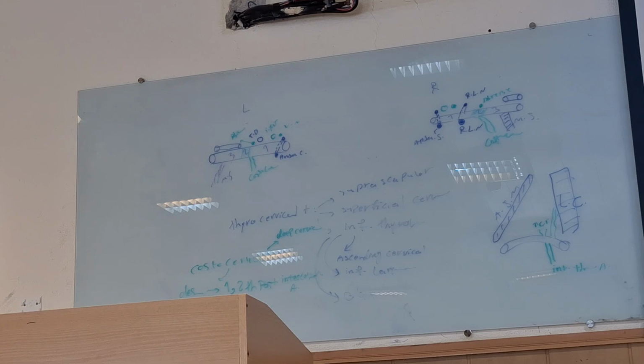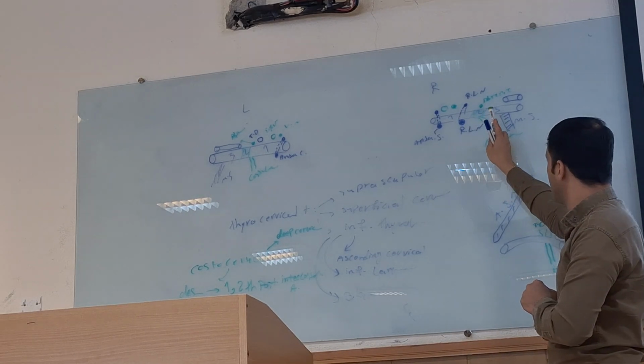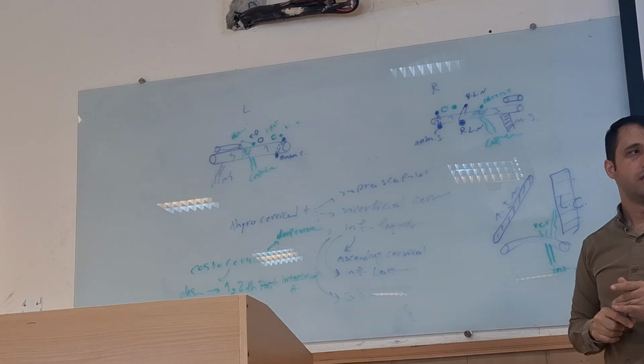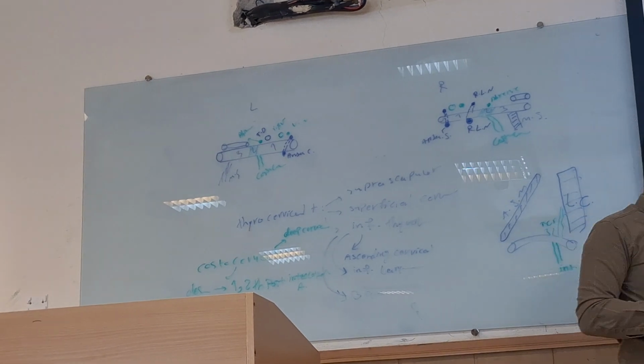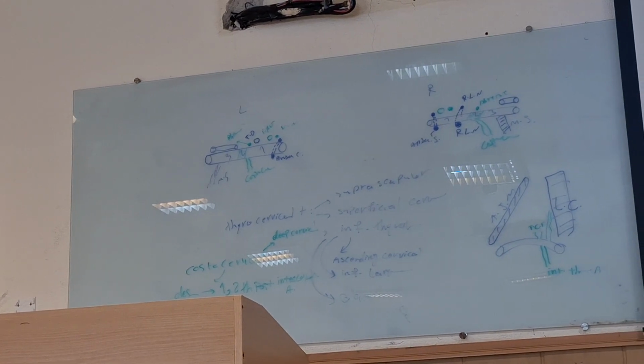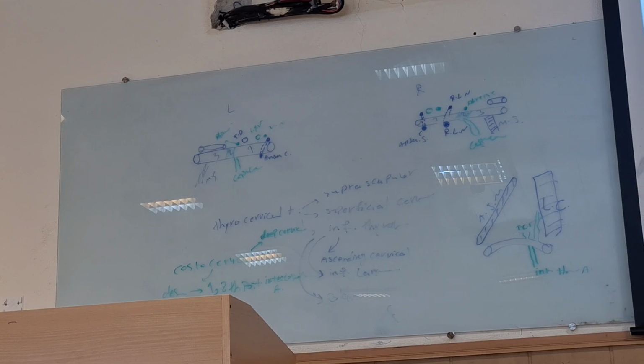From the third part, we have another trunk, which is named the dorsal scapular artery.